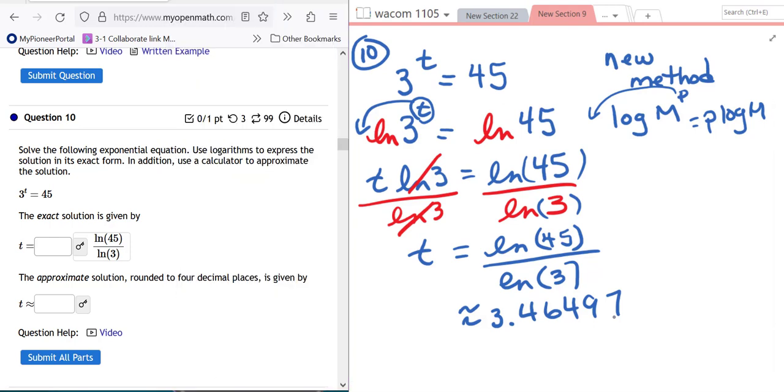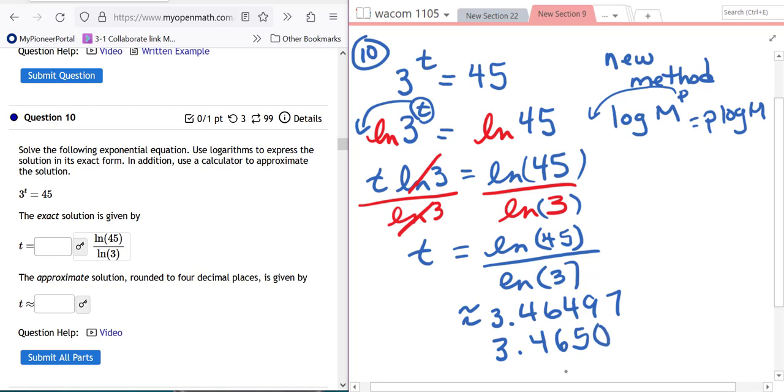So they want 4 decimal places. I need to see 5. The 7 is going to push us up, which will push this one up. So 3.465. And I think you need to put the 0 at the end. The answer key did not. So we will type it in and see what it says about my answer.